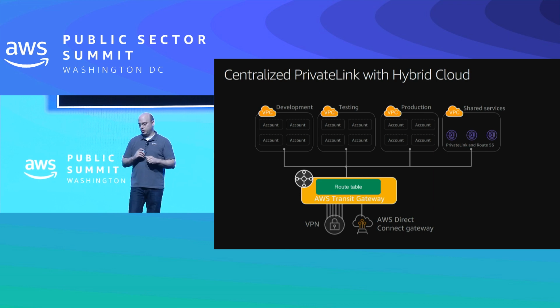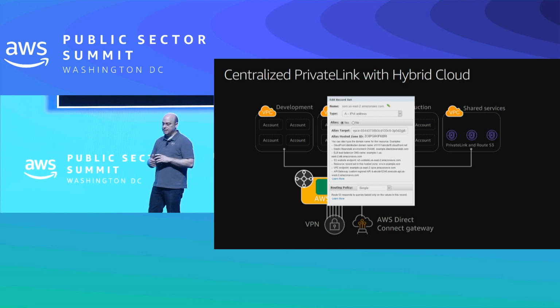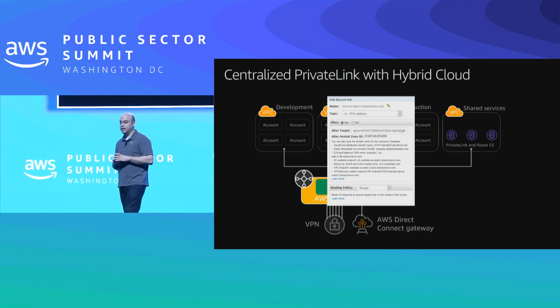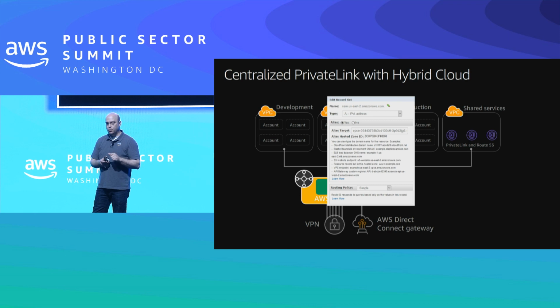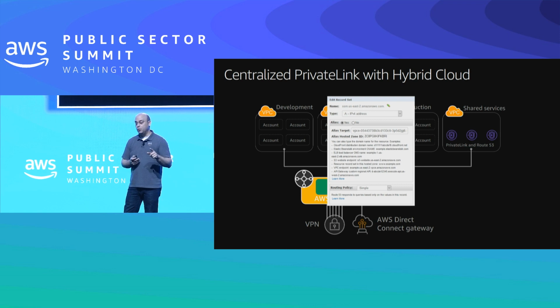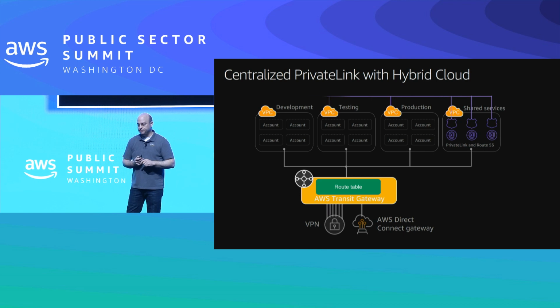Then we can create a private hosted zone at the apex, in this case, ssm.useast2.amazonaws.com, create an alias record at the apex pointing to that endpoint-specific hostname, and then using the AWS CLI or APIs, we can share that private hosted zone to the other accounts.